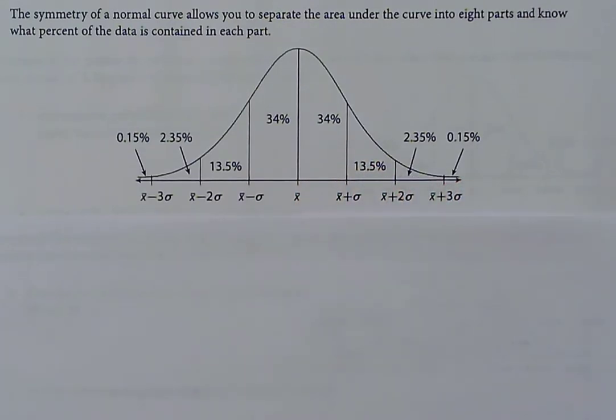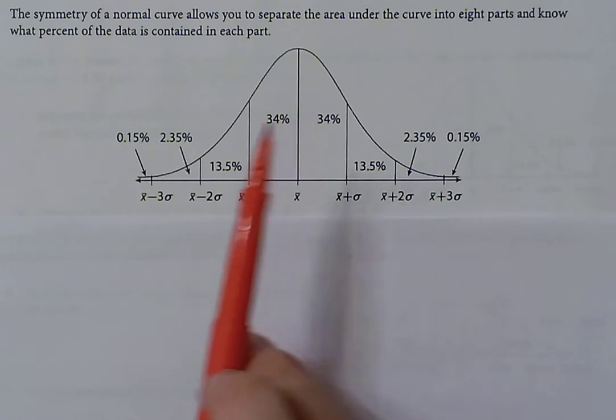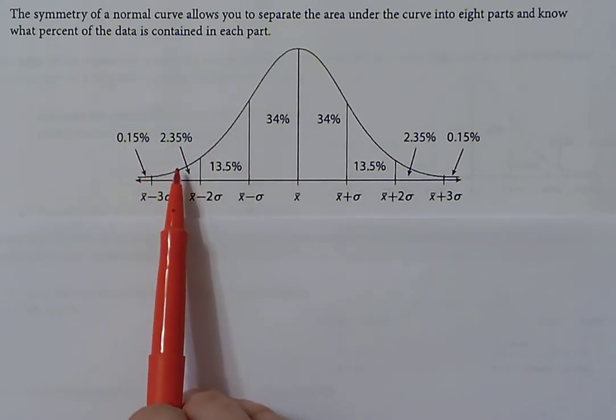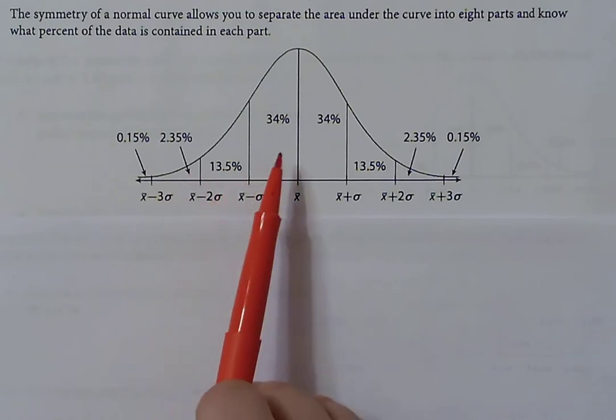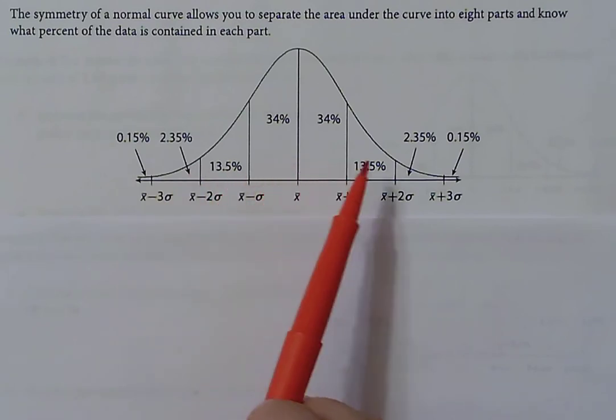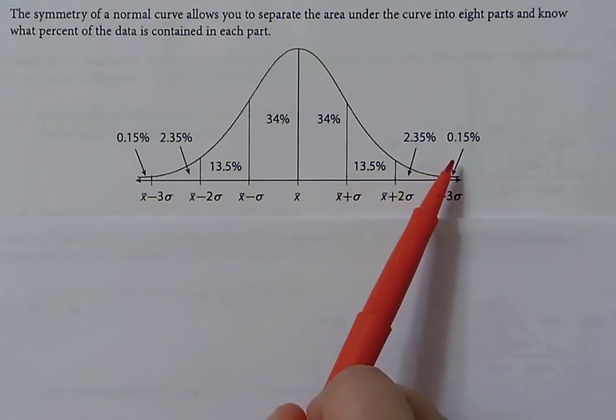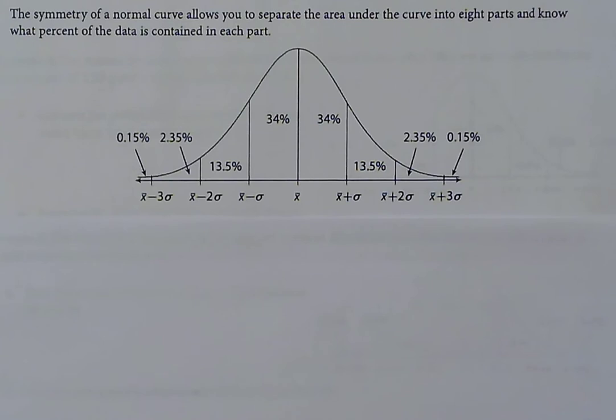And we know what percent of the data is contained in each part. We see that given by 0.15, 2.35, 13.5, 34, 34, 13.5, 2.35, and 0.15%. And that's going to be for the mean, and then 1, 2, and 3 standard deviations.